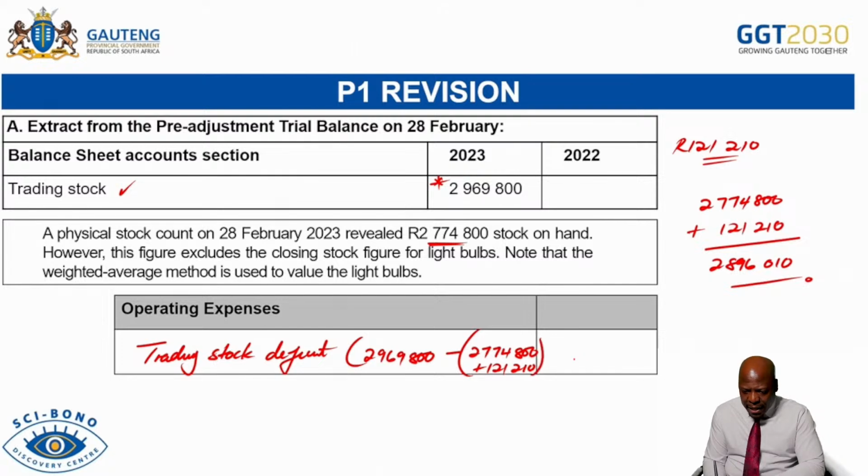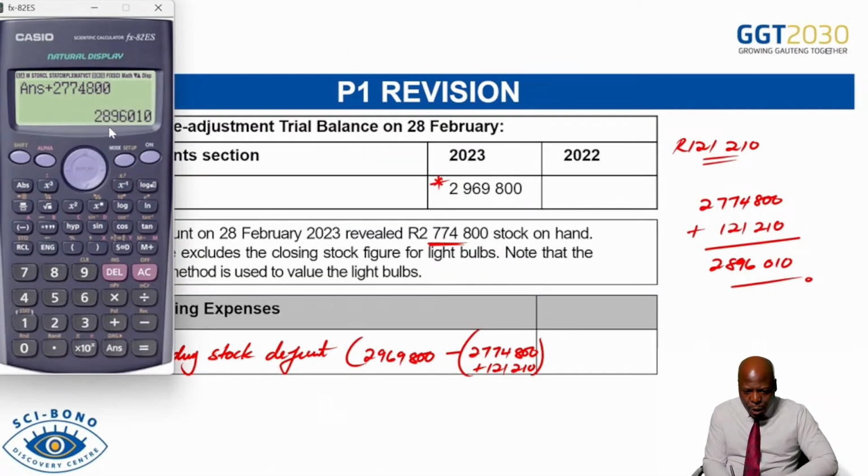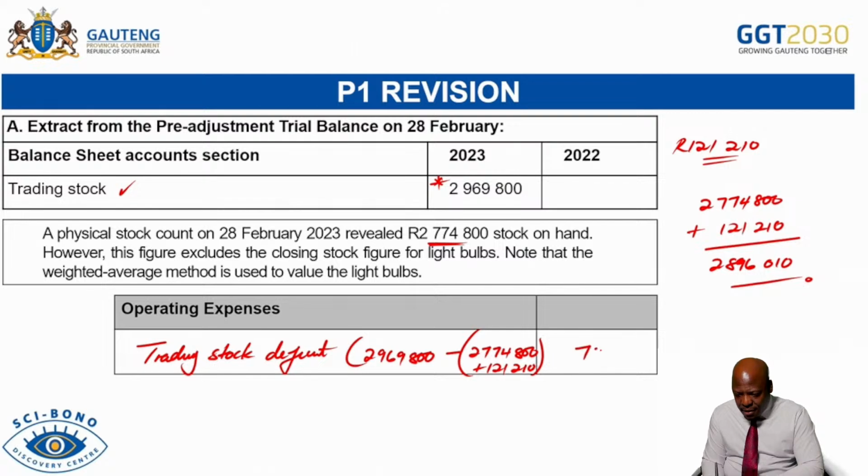This all is in bracket, and then I end up now with the deficit. To get the difference, I'll simply say 2,896,010 minus the 2,969,800. That will give me 73,790. So my deficit is 73,790. And I know that my deficit will be under my operating expenses.